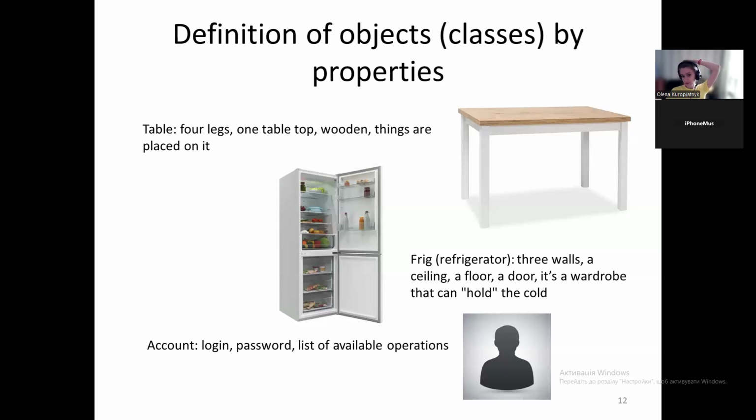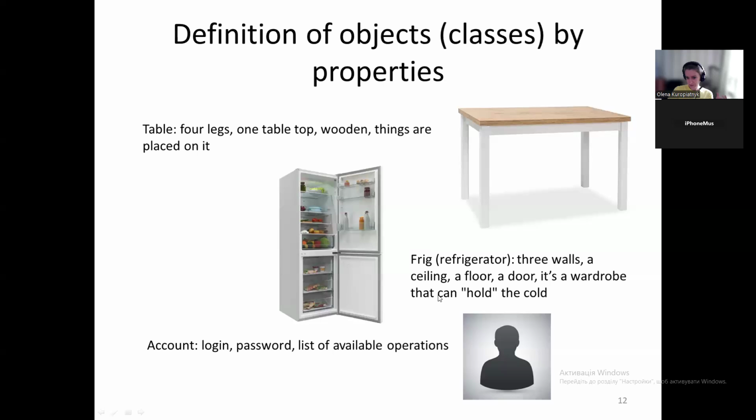In this case, we have several properties. If we talk about static properties, there are 3 walls, ceiling, wall, door. If we talk about dynamic properties, in this case, the fridge has active dynamic properties because this object does this action.